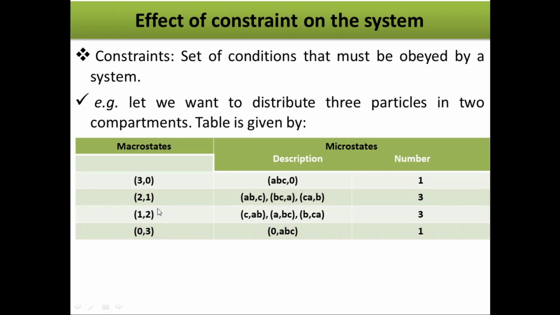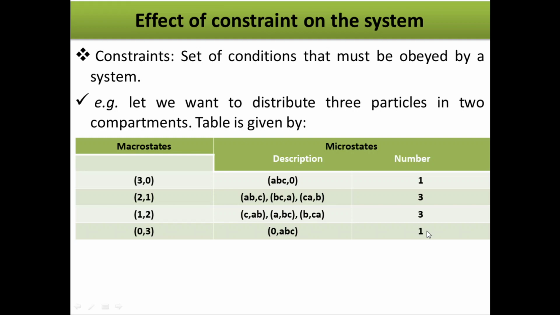Similarly, for macrostate 1, 2, the microstates are 3, with 1 particle in the first compartment and 2 particles in the second compartment. And for macrostate 0, 3, the first compartment is empty and the second compartment has 3 particles, so the number of microstates is 1.